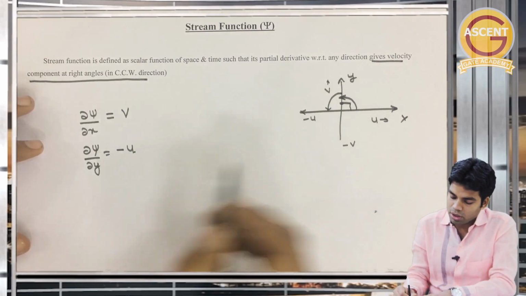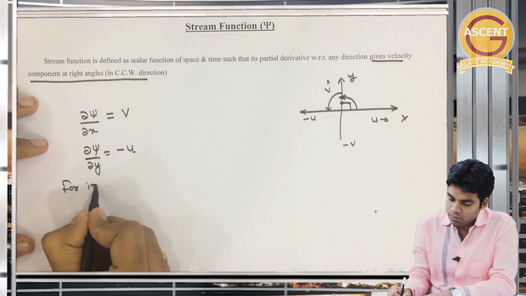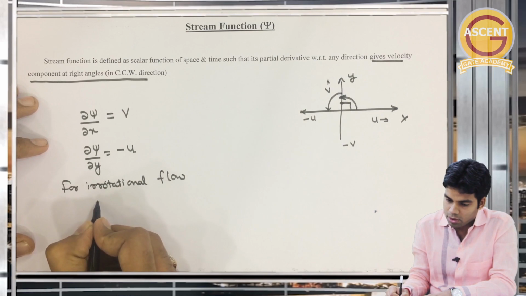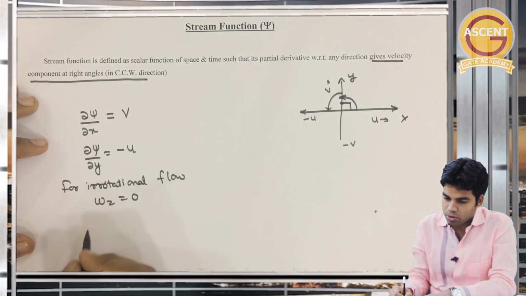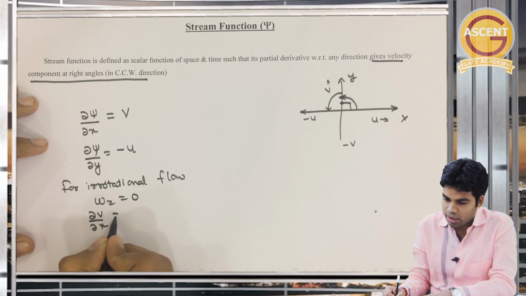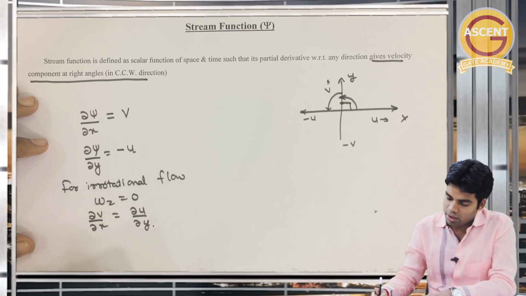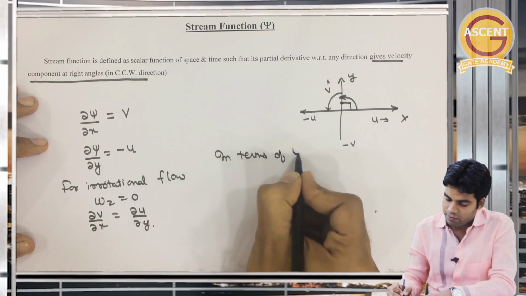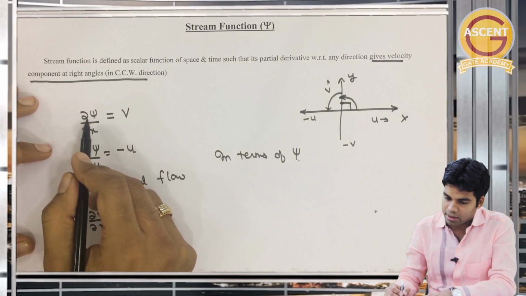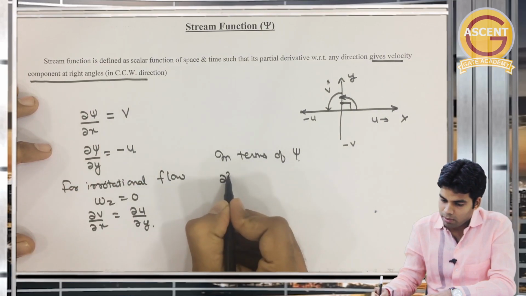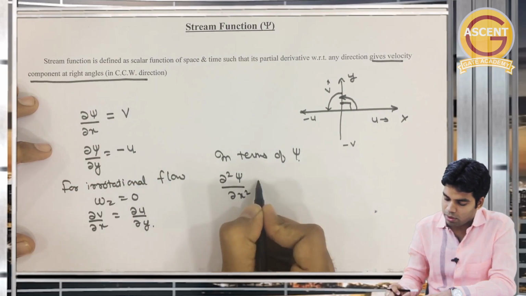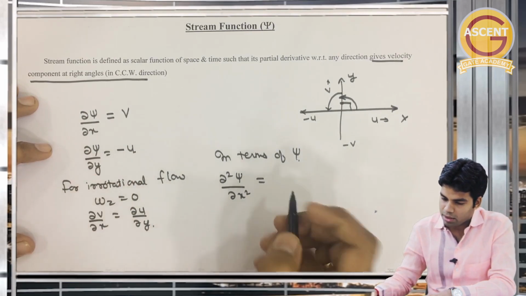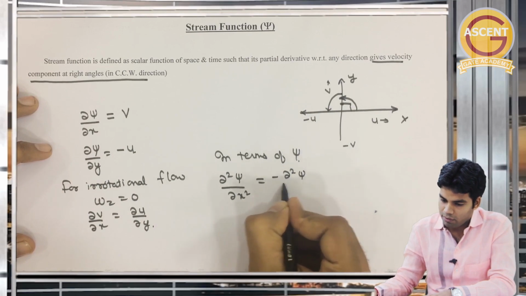Now for irrotational flow, as we know, omega z is equal to 0. Since omega z is equal to 0, del v by del x should be equal to del u by del y. Now in terms of psi, del v by del x, and v is del psi by del x, so this will be del 2 psi by del x square, which should be equal to del u by del y, and u is equal to minus of del psi by del y, so minus of del 2 psi by del y square.